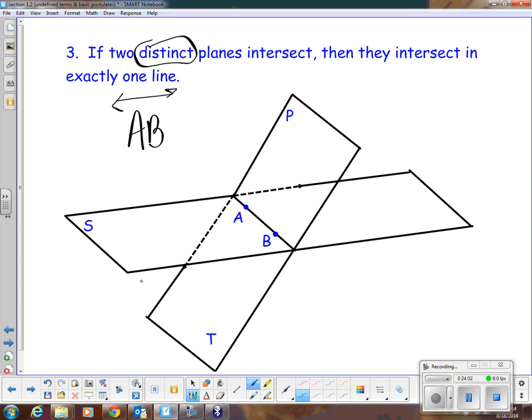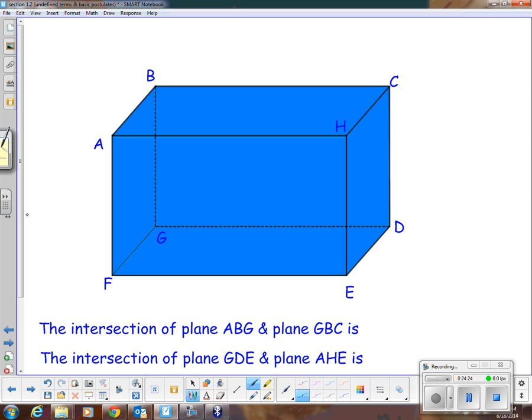If you look at the wall in front of you and the ceiling, they connect at a corner, and that corner would be considered a line. 2 planes intersecting is a line. If you look at the wall and the floor, there's also a line at the floor where the 2 planes intersect. So that's an example of this one.